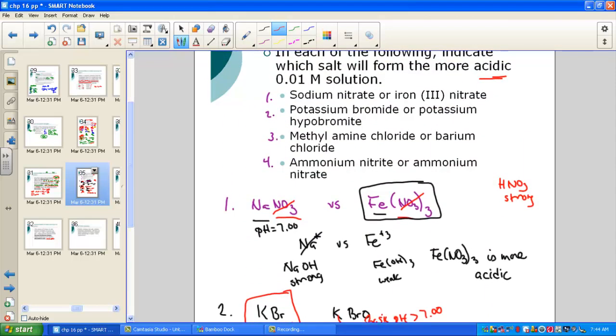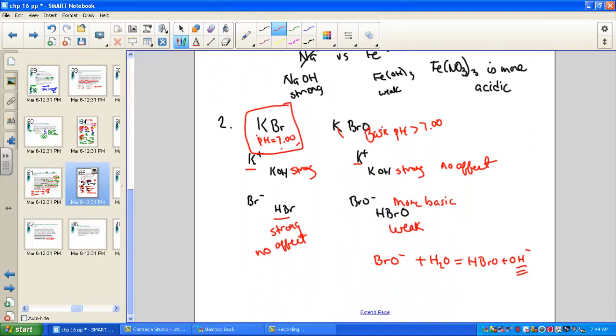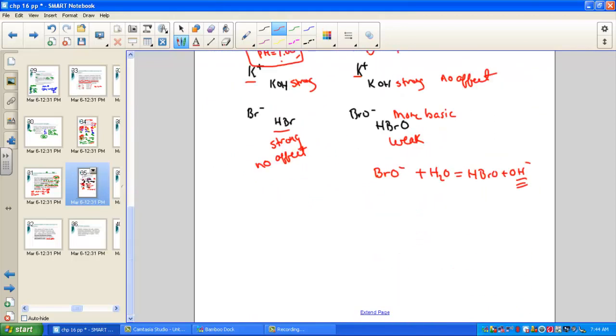Methylamine chloride versus barium chloride. I can see the same last names: methylamine versus barium. Again, use your Kb chart from Appendix D. Remember how we wrote methyl, amine. This is the positive polyatomic ion.